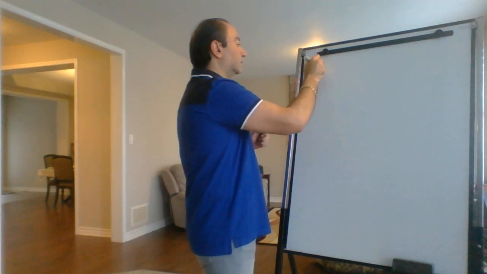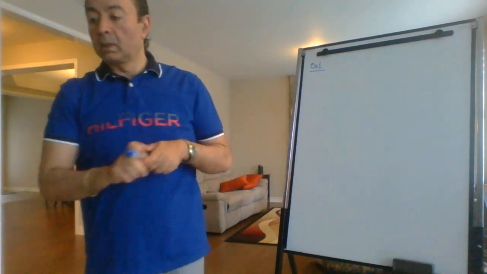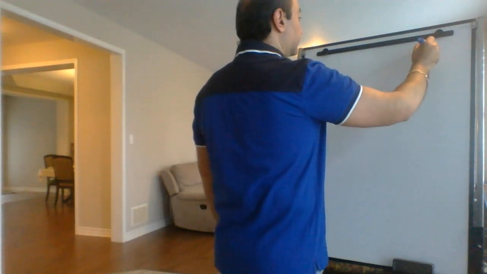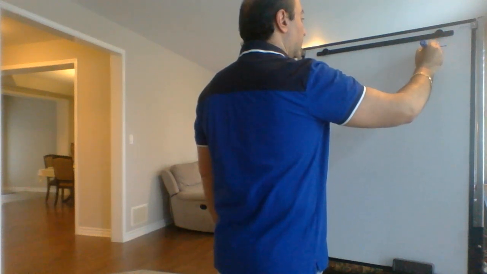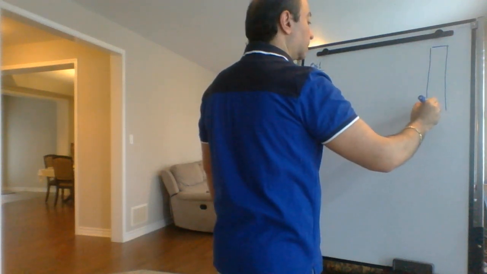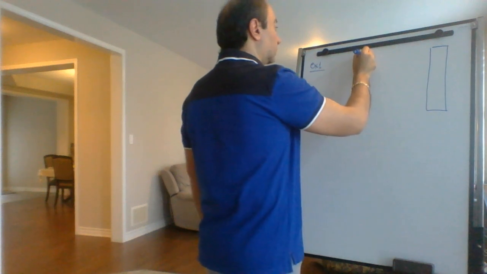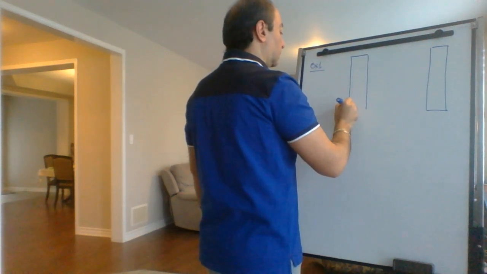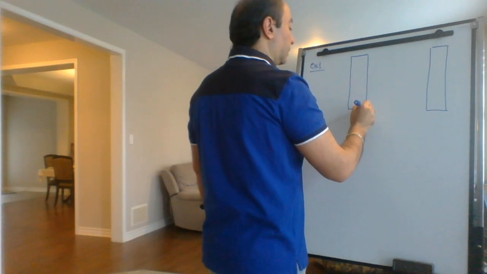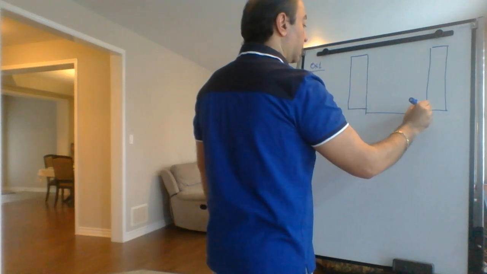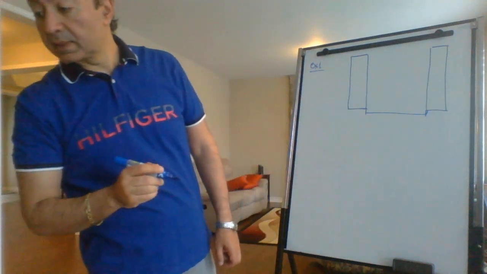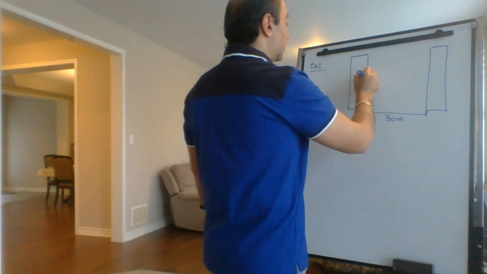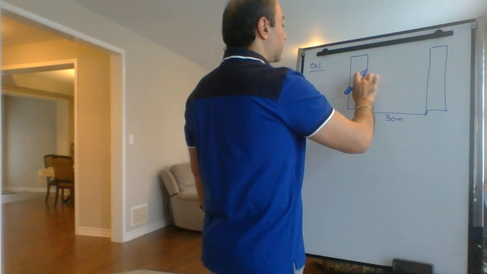Example 1. Let us say we have two buildings, and the horizontal distance between them is 30 meters. There are two balconies here.